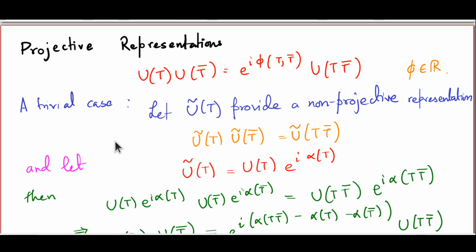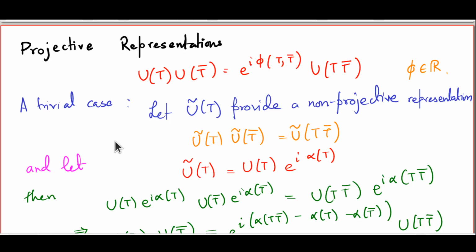Symmetry demands that the corresponding product transformation T T bar will have a corresponding unitary operator U of T T bar, and symmetry demands that U T U T bar acting on a vector will definitely lead to a vector which is in the same ray as U T T bar acting on the same vector, but the result need not necessarily be exactly the same vector. In other words, there could be an extra phase factor involved.